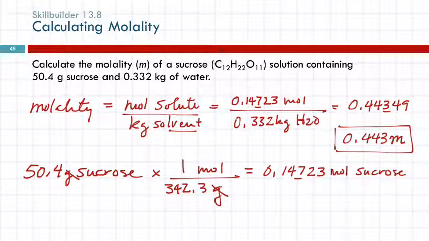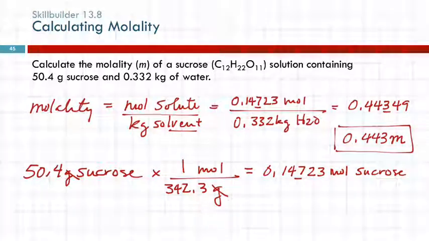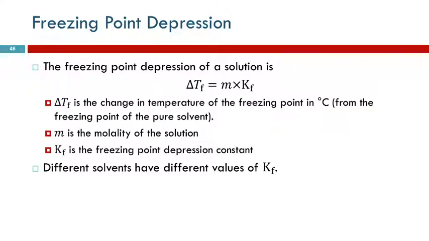Molality calculations are not a huge deal in Chem 3A. The only reason we talk about them at all is so we can calculate freezing point depression and boiling point elevation. So the freezing point depression, the amount of change in the freezing point, is equal to the molality of the solution times a constant.